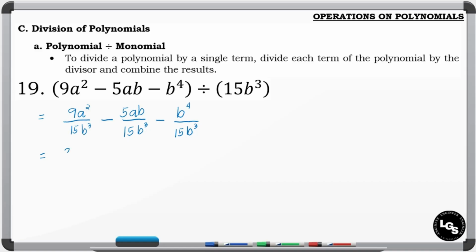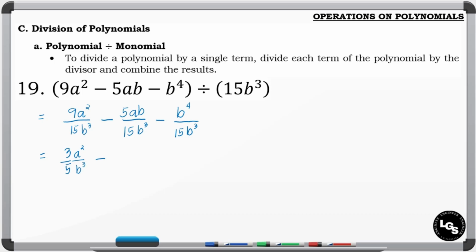So we will write 3 over 5. Then we go with the variables. So we have a squared at the numerator and b cubed at the denominator. So they are different variables, so we will copy it as is. So a squared over b cubed.